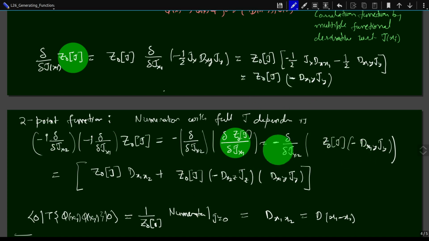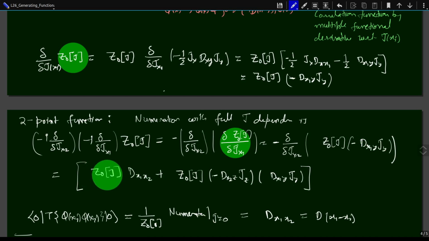Now I compute the derivative with J(x2) of whatever is in the bracket without the minus sign. Once the derivative acts on this piece, and once it acts on Z0[J]. When a derivative acts on the second piece, note that J(y) will disappear, and again the delta function will take care of all these extra integrals, so here there are no integrals.